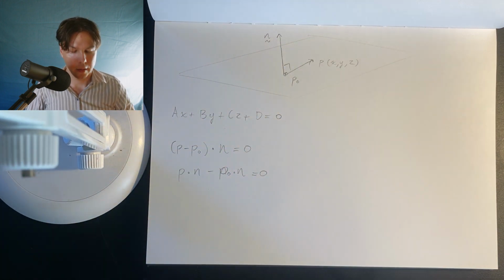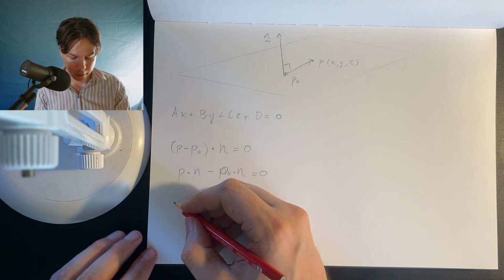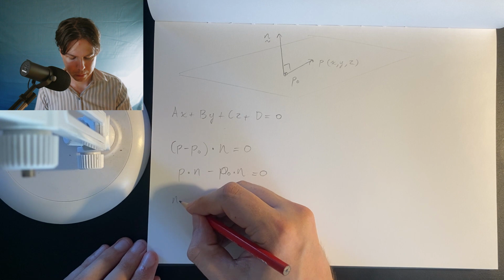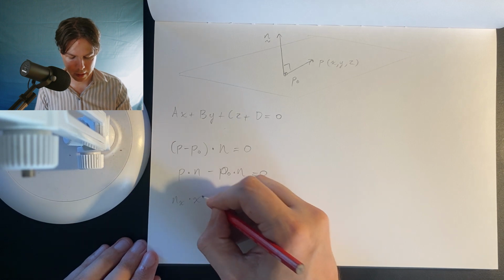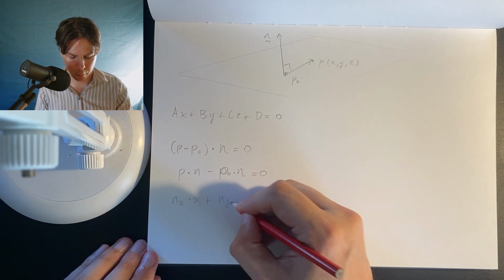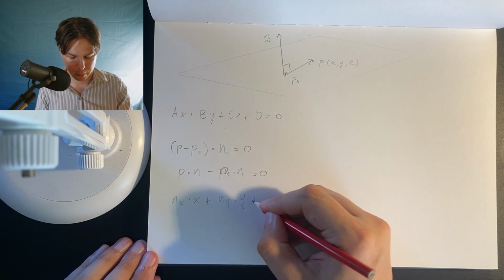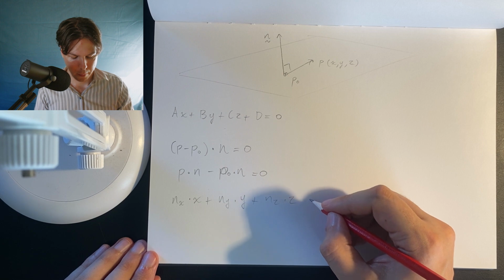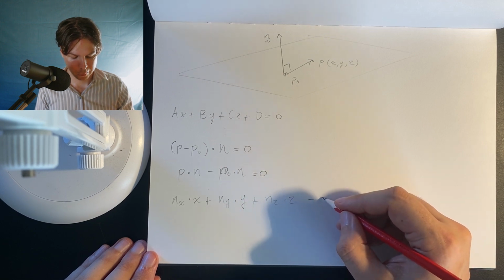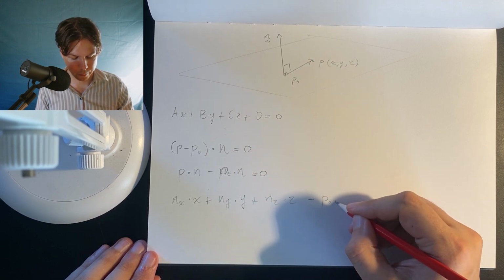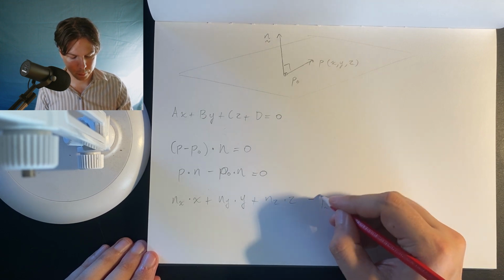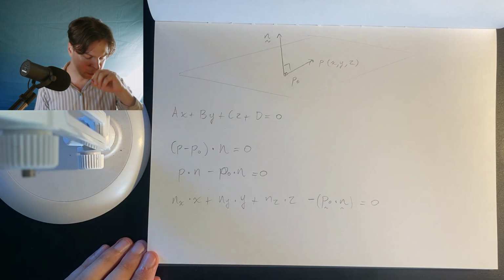Now, P just has the coordinates x, y, z. So what this is really saying is normal x times x plus normal y times y plus normal z times z minus the dot product of the fixed point with the normal equals 0.